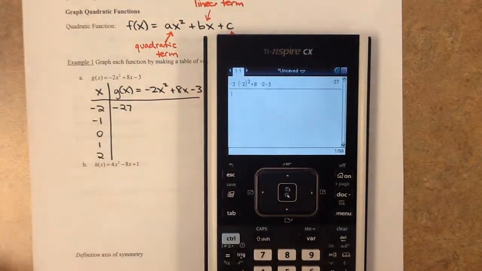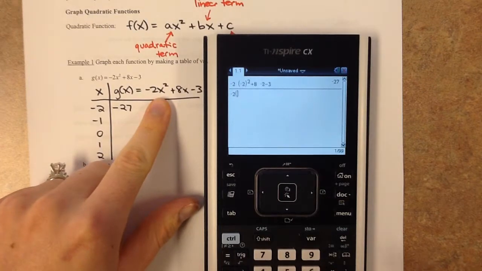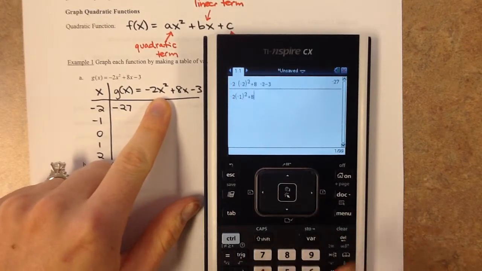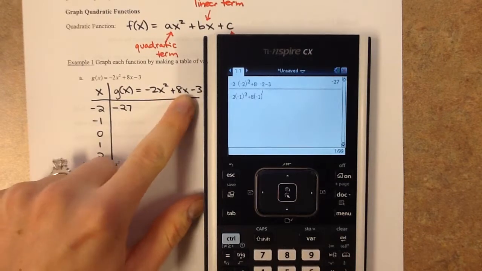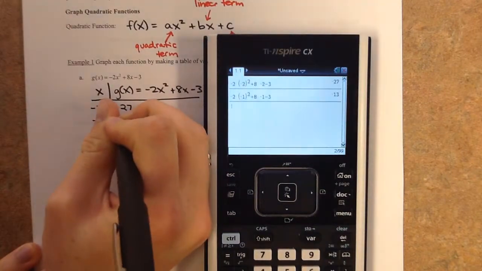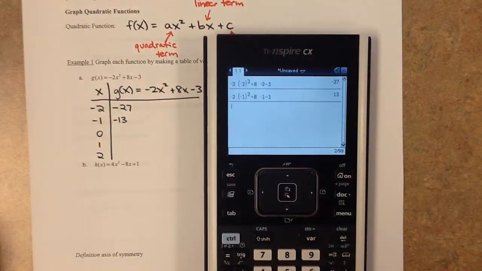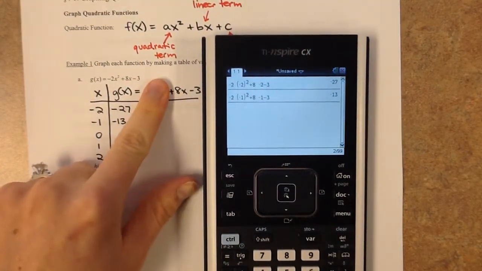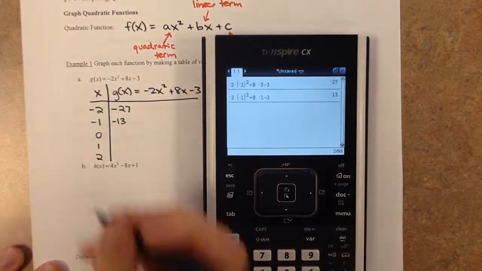So I fill that into my table. Then I do the same thing for negative 1. I do negative 2, plug in a negative 1 squared, and then plus 8 times negative 1 minus 3. That gives me a negative 13. Plugging in 0 I can do in my head, because if this is a 0 and this is a 0, all I have left is a negative 3.